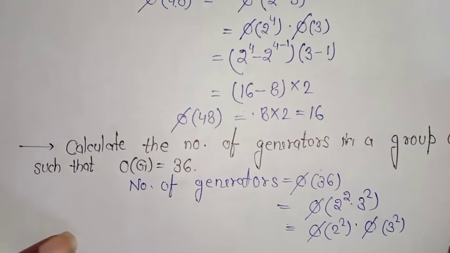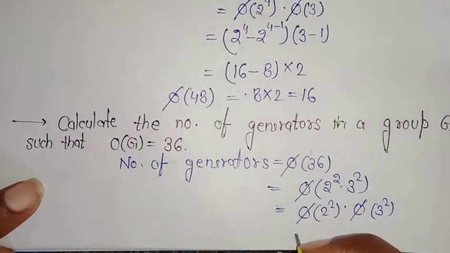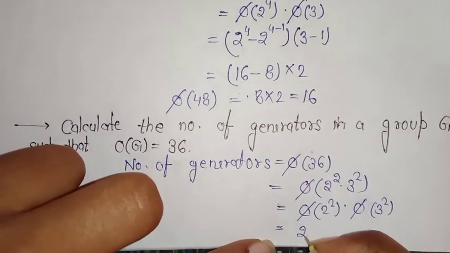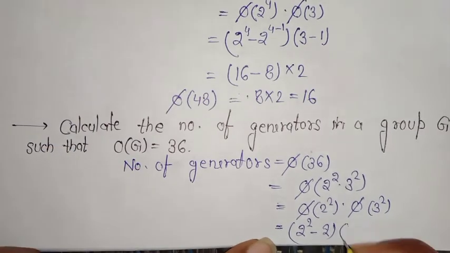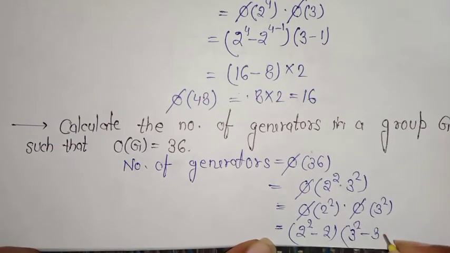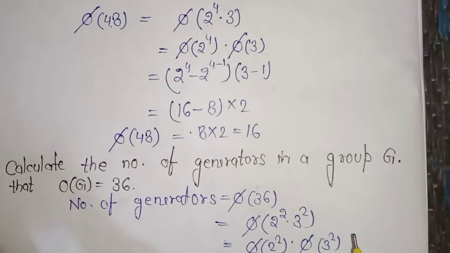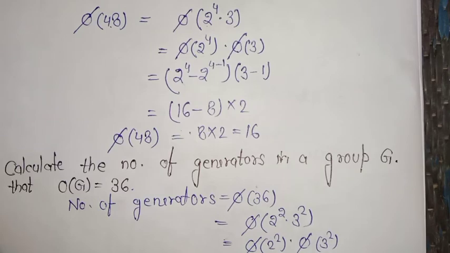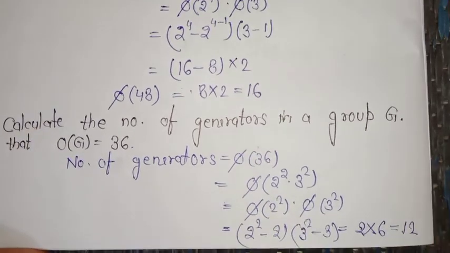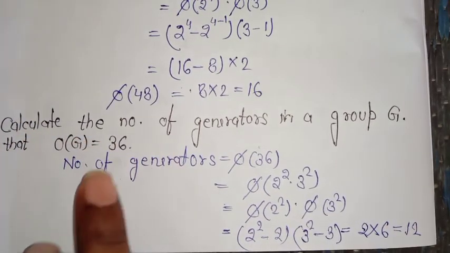Now if we apply rule number 2 here, we get 2 square minus 2 and 3 square minus 3. This gives 2 into 6, that is 12. So there are 12 generators of a cyclic group of order 36.